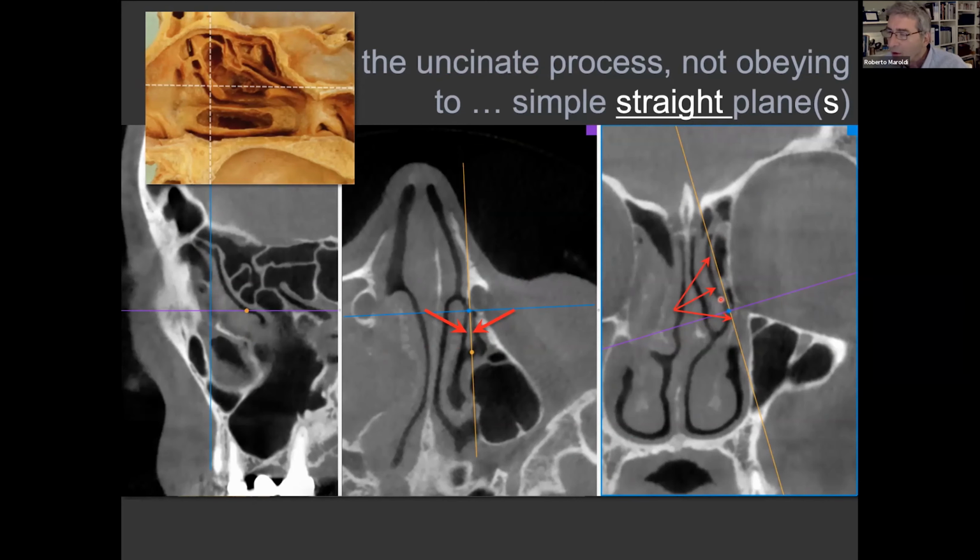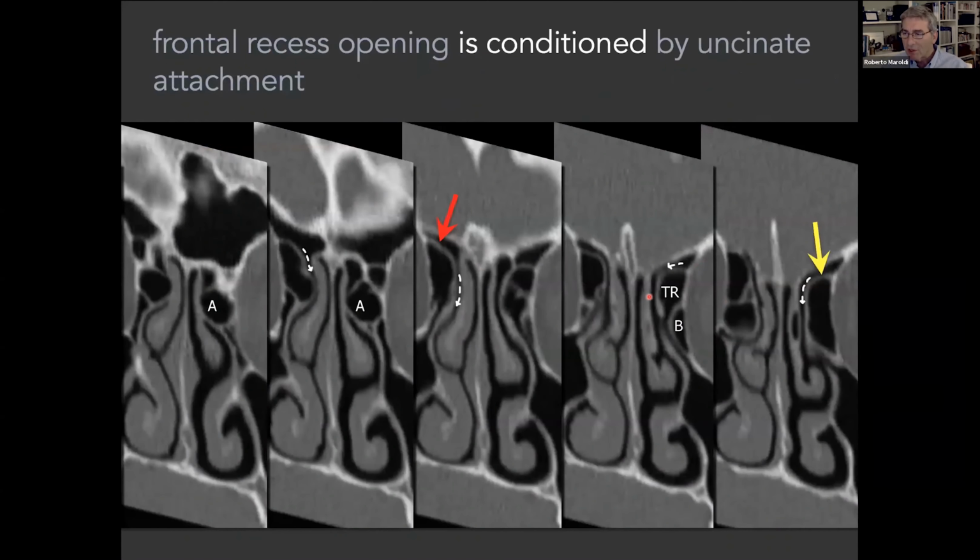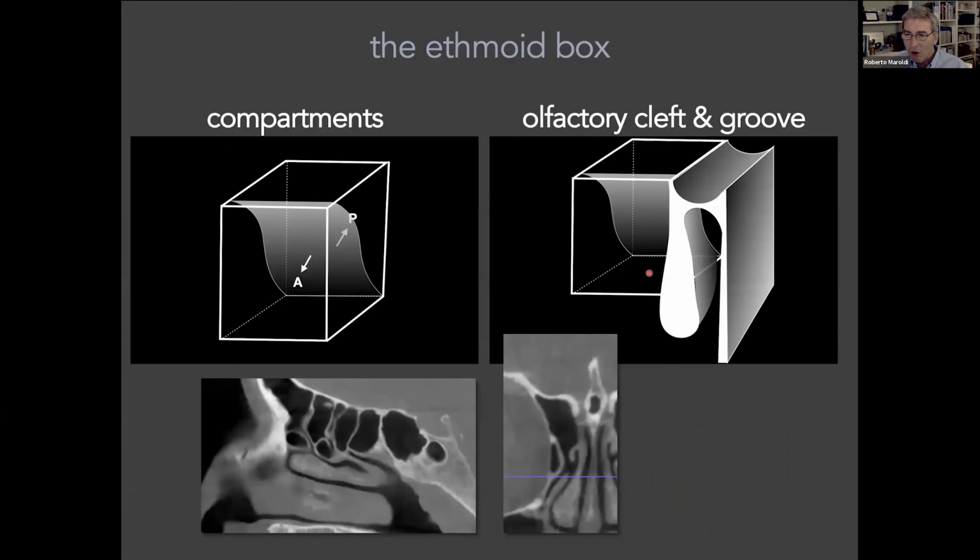This is quite an important consideration, because according to the attachment of the uncinate process, for example, on the left side, but also on the right side, the drainage from the frontal sinus will move medially to the uncinate, or it could be lateral to the uncinate, not in this case. So we have a box. We have a box divided into an anterior ethmoid, a posterior ethmoid complex.